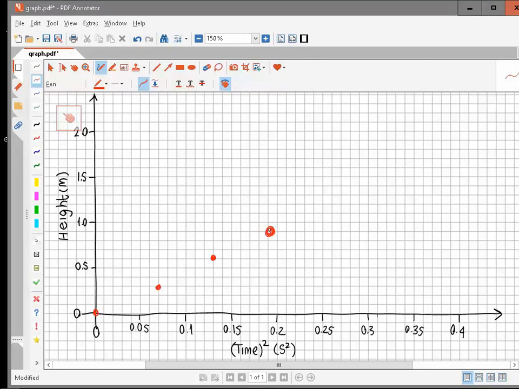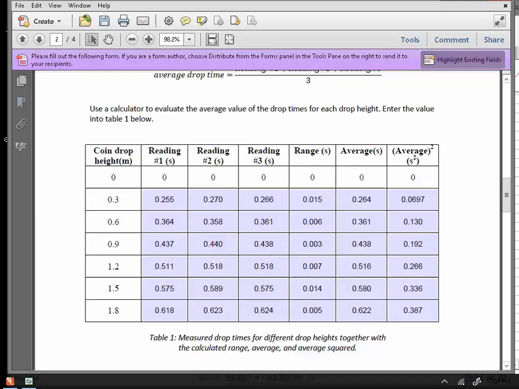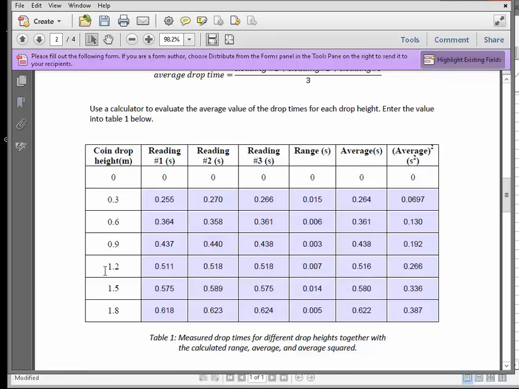Do my best at making a 2. There we go. Actually, let me make that just a bit smaller so that the marker is the same as the others. Next data point is 1.2, 0.27. So I've rounded that to two significant digits to make it easier for me to plot.